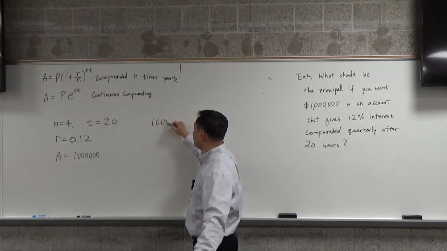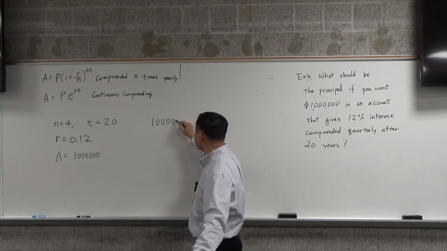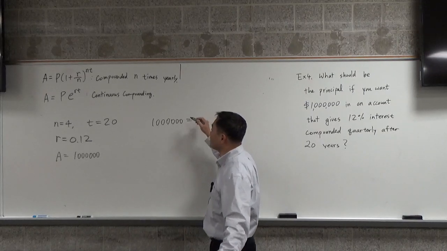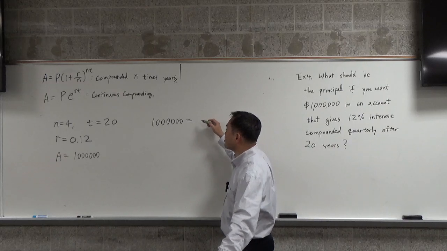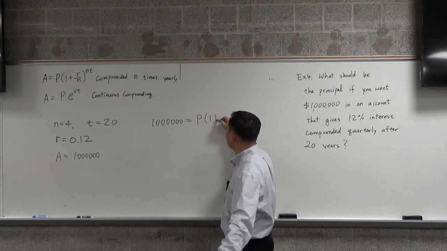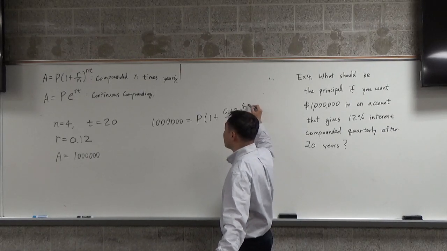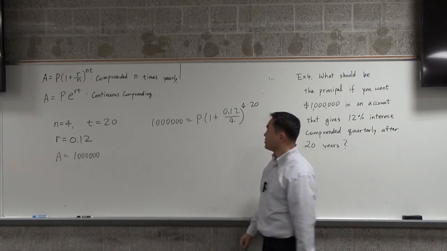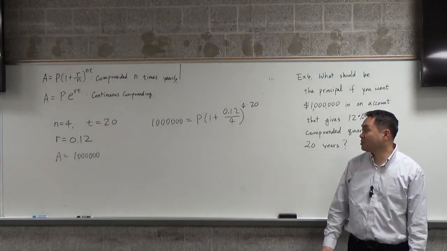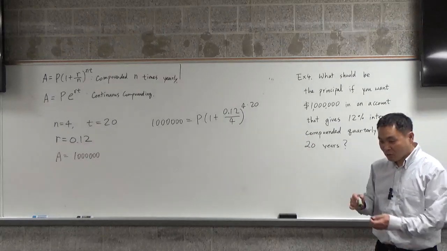You have 1 million in the bank. That'll be nice. P, unknown. R is 0.12 divided by 4. So 4 times 20. So I put everything in the formula according to the values I have.